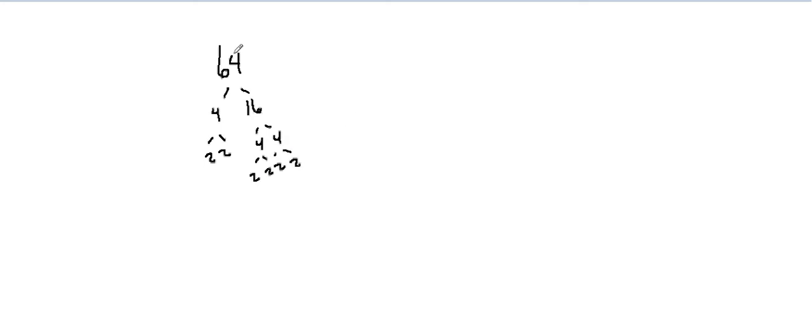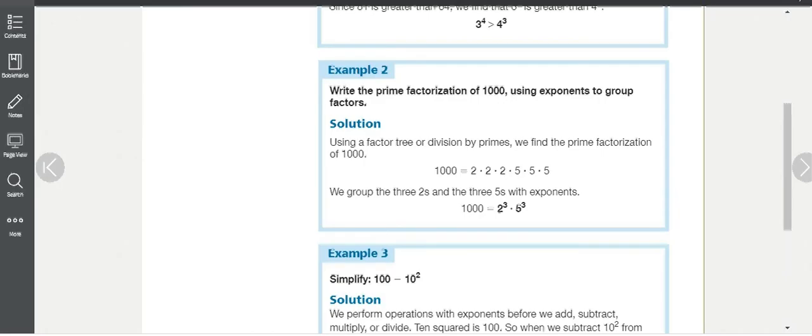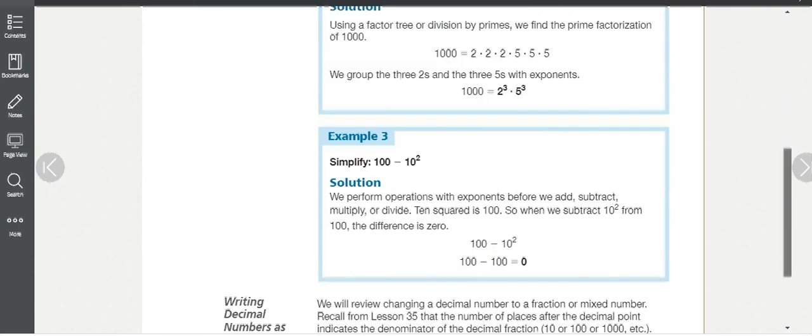So if it says show the prime factorization of 64 using exponents, you count up, I've got 1, 2, 3, 4, 5, 6 2s as a factor. That means 2 used 6 times, or 2 times 2 times 2 times 2 times 2 times 2, which means 64. I just showed the prime factorization, its base parts, except with exponents.